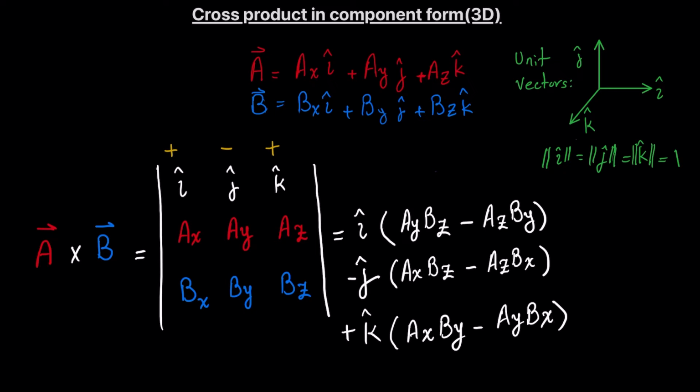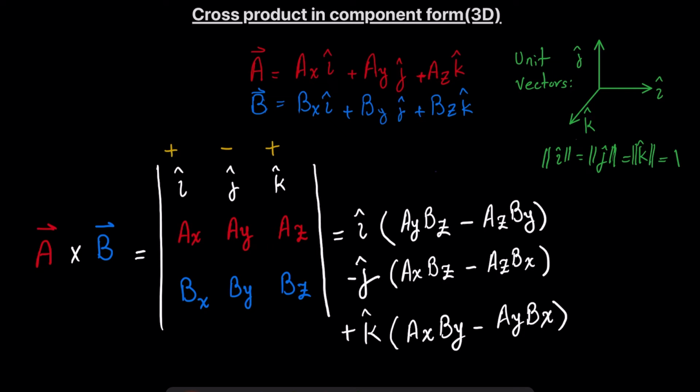Then in the next row we place the components of A, the first vector, so ax, ay, az, and in the third row the components of the second vector, bx, by, bz. So that's the first step of the process.